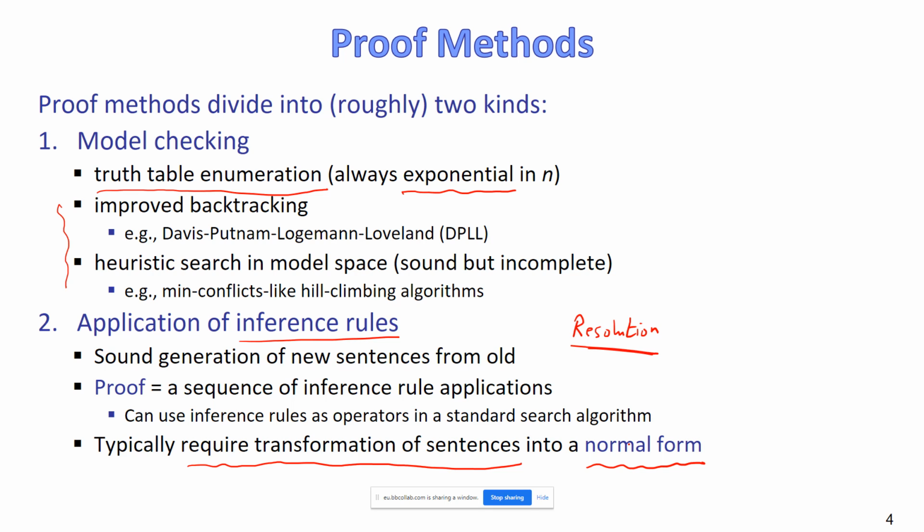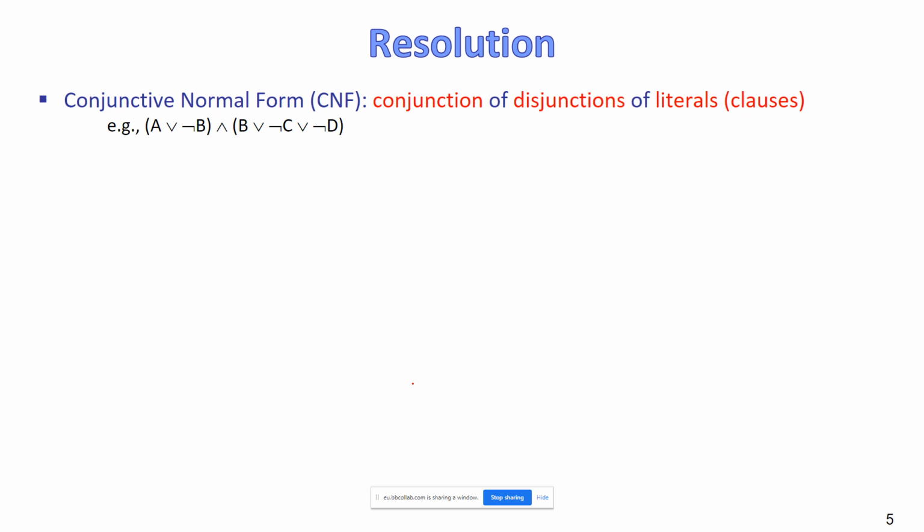So that's the outline from now to the next lecture. We'll focus on how we can use inference rules to do resolution, which is an efficient method, or at least more efficient than enumeration, to do inference. In order to do that, we have to transform the sentences in the knowledge base into what we call normal form. So let's see what we mean by normal form first.